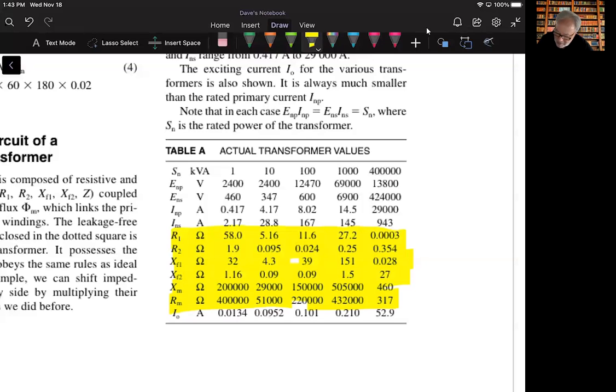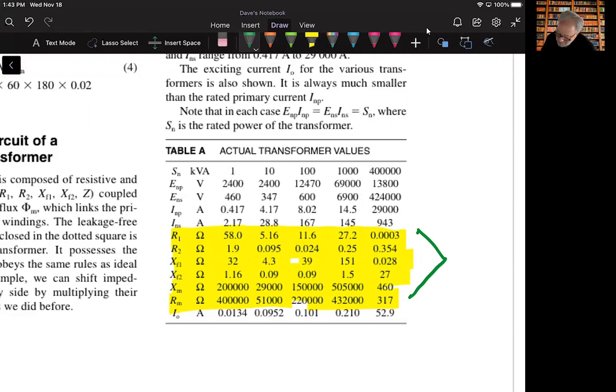These are things we have to consider in terms of specifying a particular transformer, or maybe there's an application where we're troubleshooting, or we're having to replace one, and maybe the one that was originally installed is not available anymore, so we have to match it up as best we can.